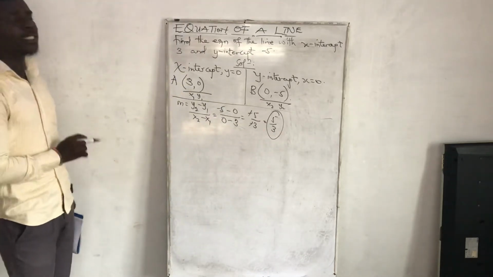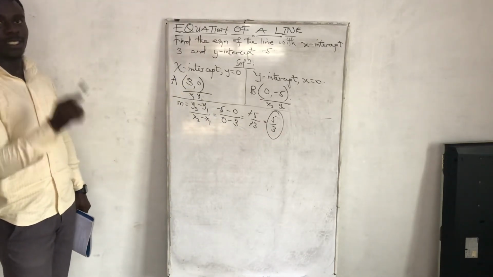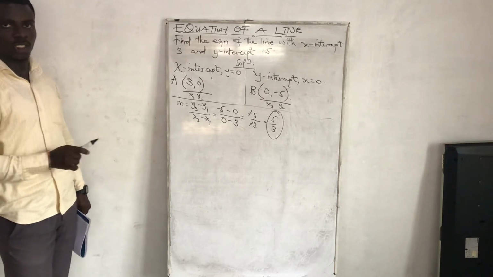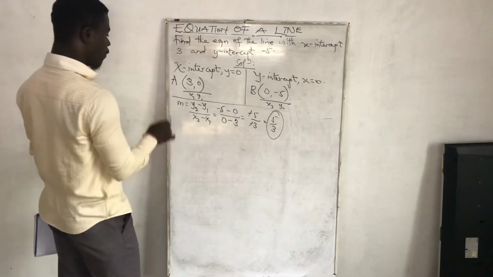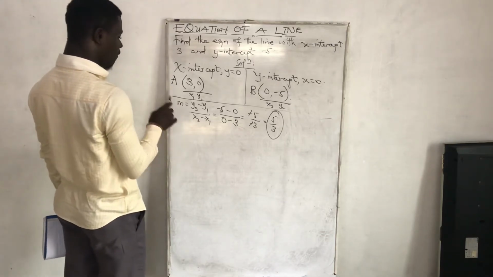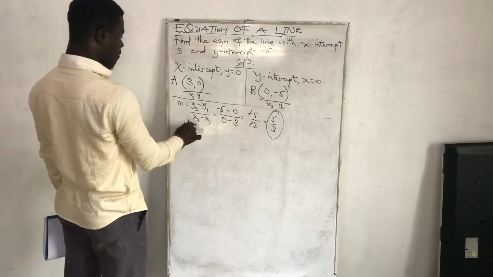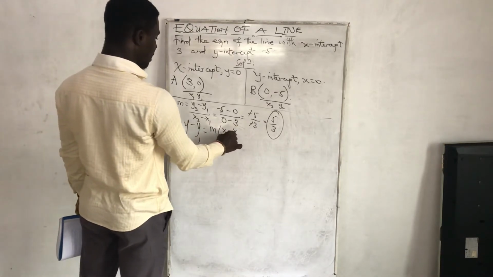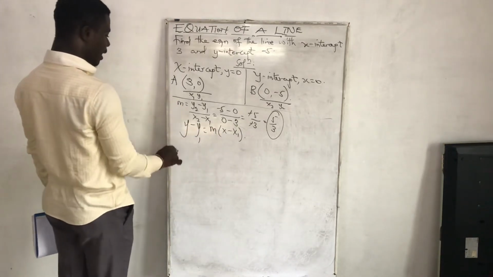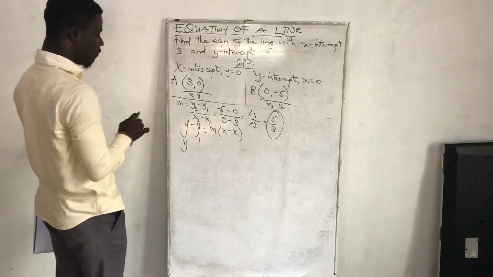Then that means the line is what? It's an increasing function or an upward slope. So if I want to find the equation of that line, then y minus y1 equals m times x minus x1. I know that my y here, we don't put any value inside.